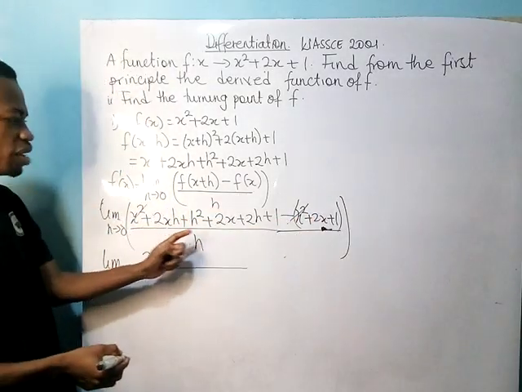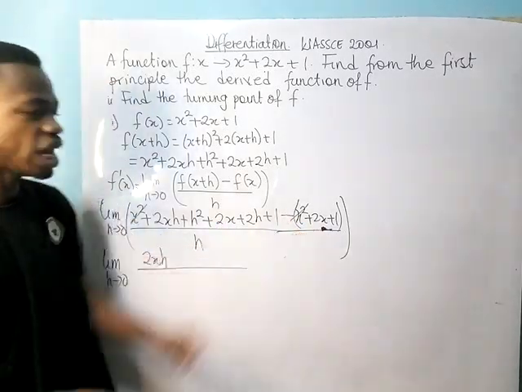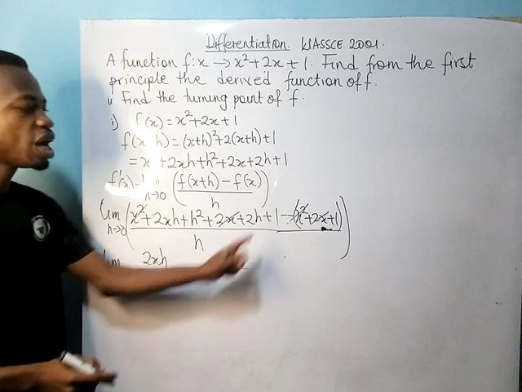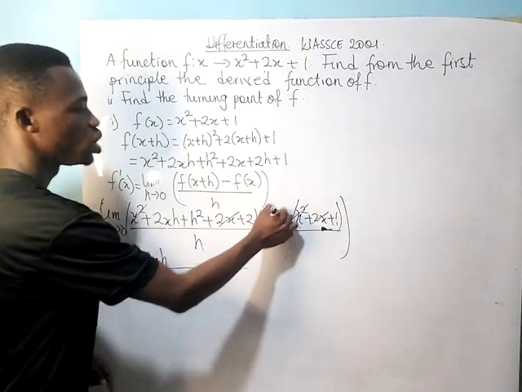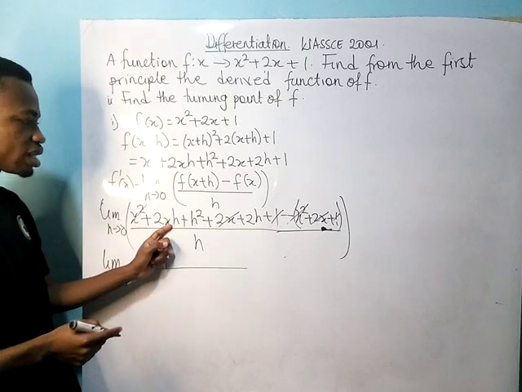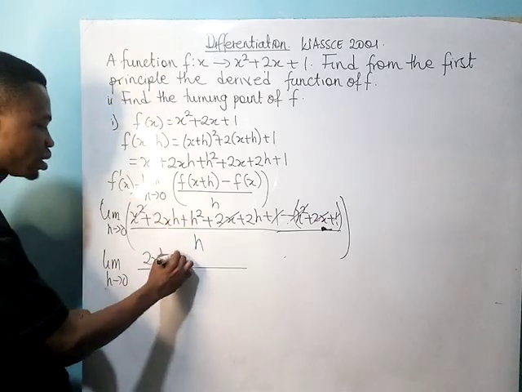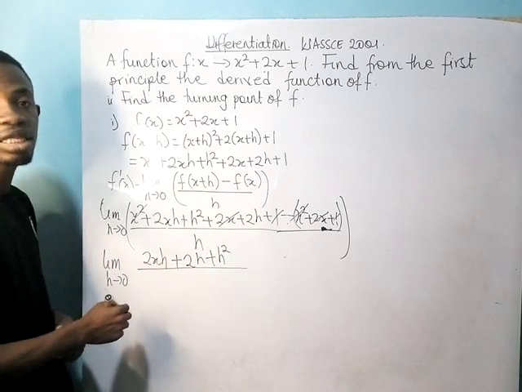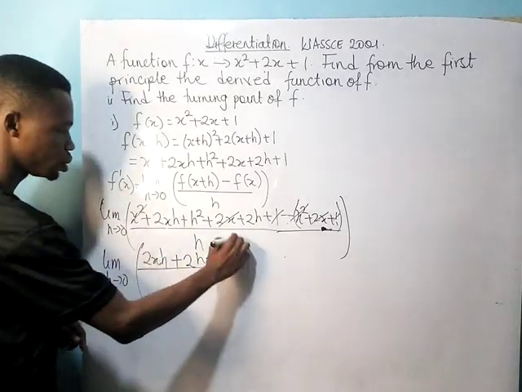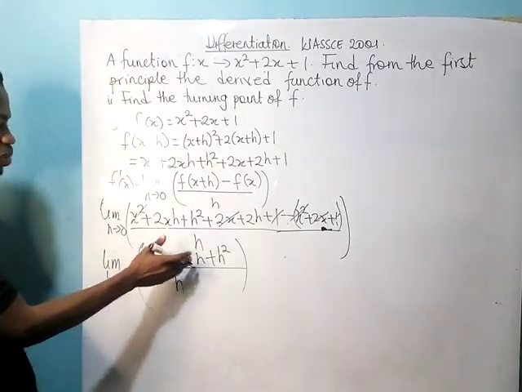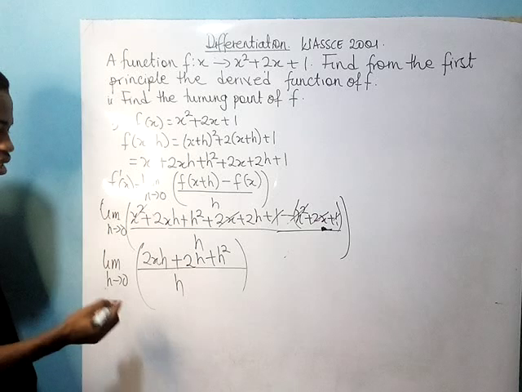So we are going to have 2x minus 2x, which is 0. Then we have 1 minus 1, which is also 0. So we are left with 2xh plus 2h plus h squared all over h. Now here we can simplify this by using factorization.